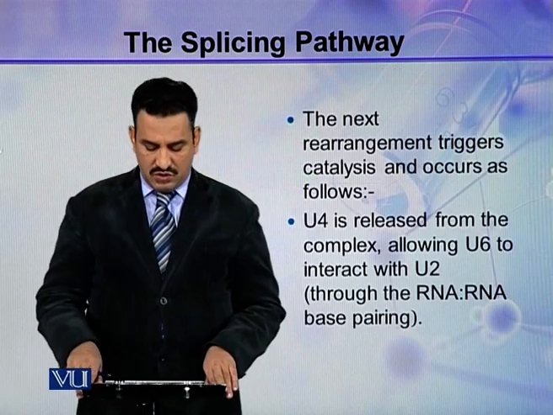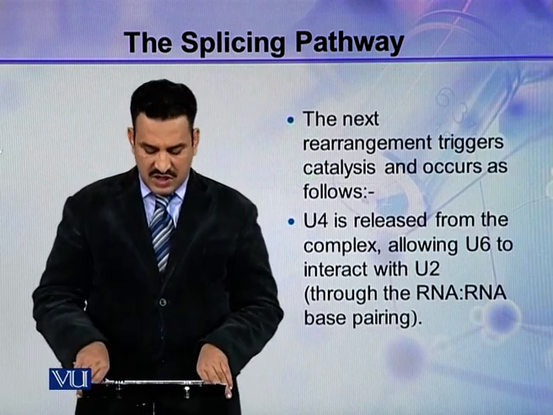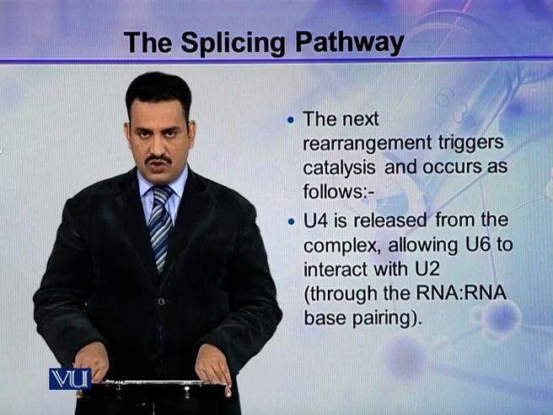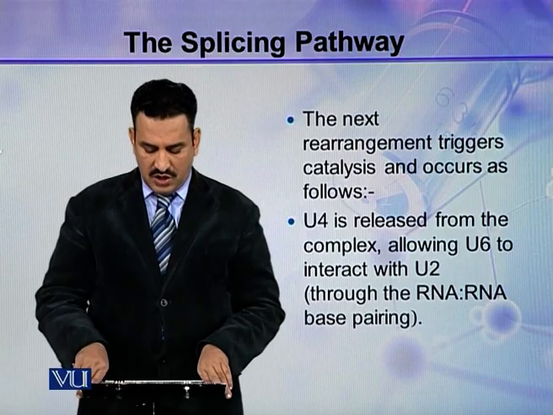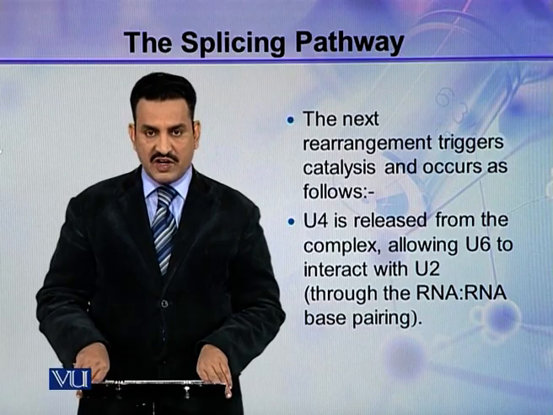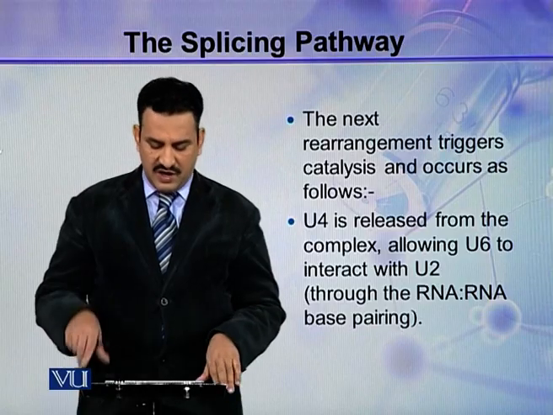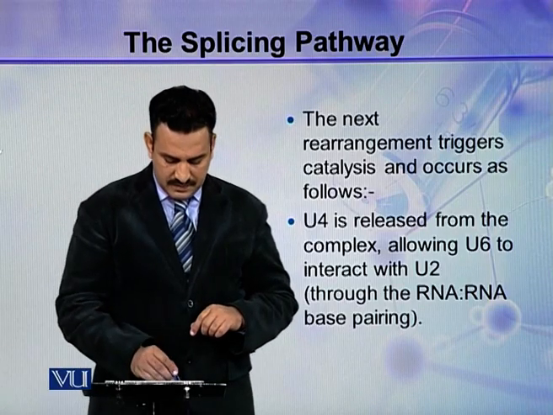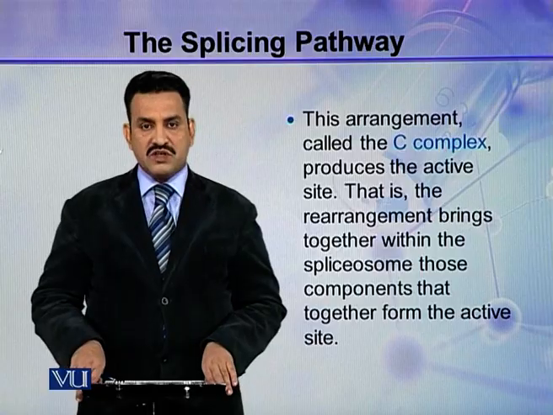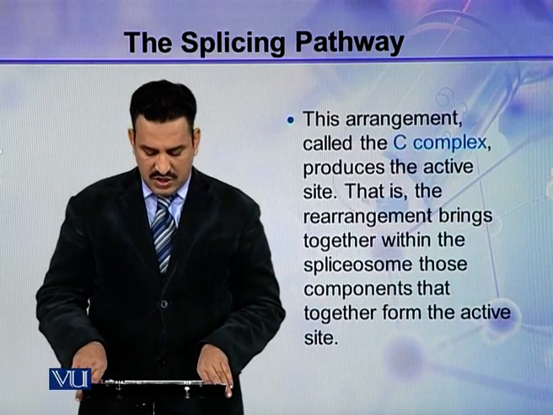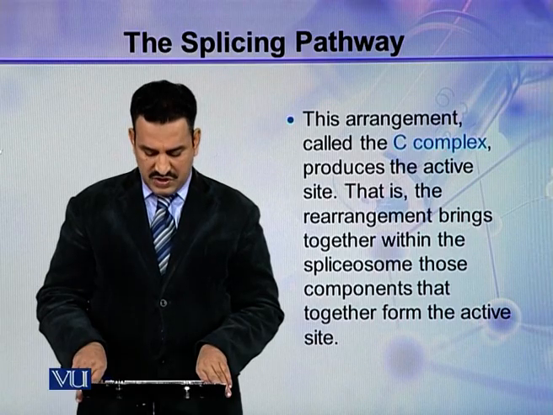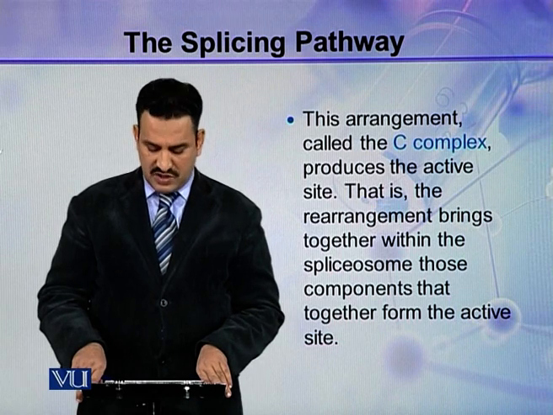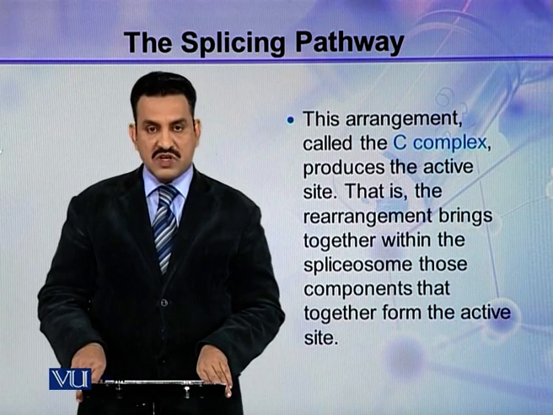The next rearrangement triggers catalysis and occurs as follows. U4 is released from the complex, allowing U6 to interact with U2 through RNA-RNA base pairing. This arrangement, called the C complex, produces the active site. That is, the rearrangement brings together within the spliceosome those components that together form the active site.